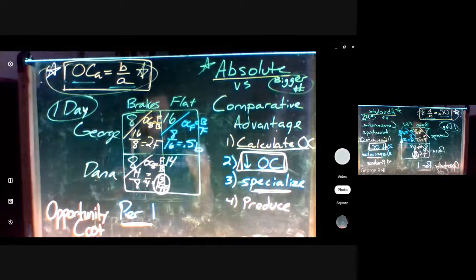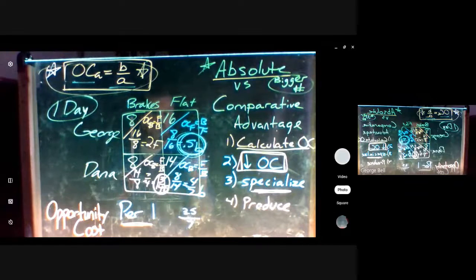Yes. And finally, on the last one here, opportunity cost of changing brakes equals flats over brakes. That's 8 over 14. Now, this is a little ugly. That's 4/7 of a brake job. But I know this. 3.5 over 7 is half. That means this is bigger than a half. That means my opportunity cost is what?